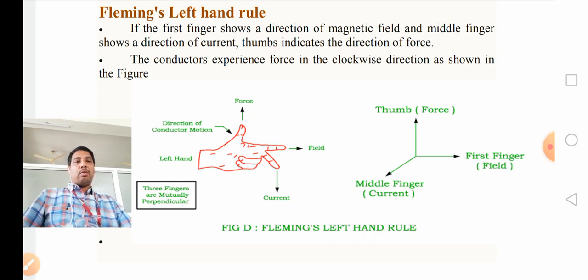So we go for the right hand rule, RHR, and in the spelling of RHR also there are two R letters. So simply we can say that for a generator we always use the right hand rule.